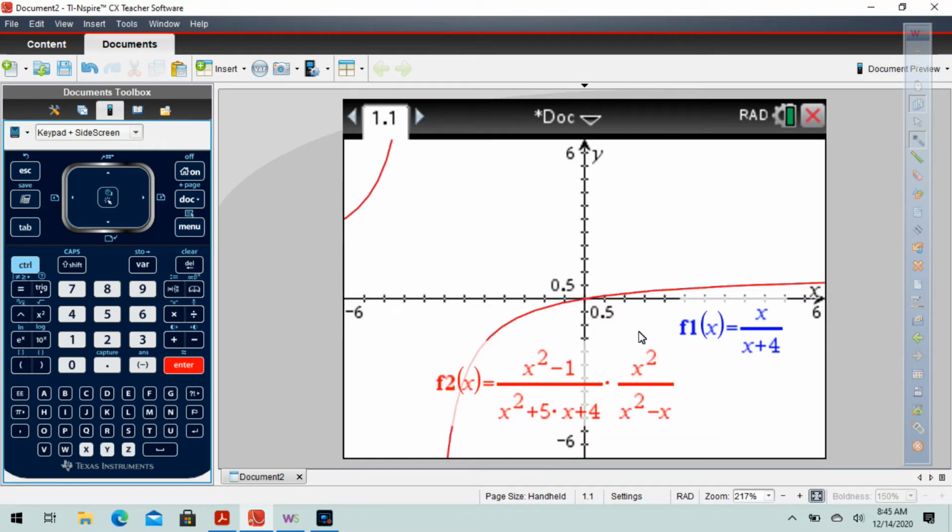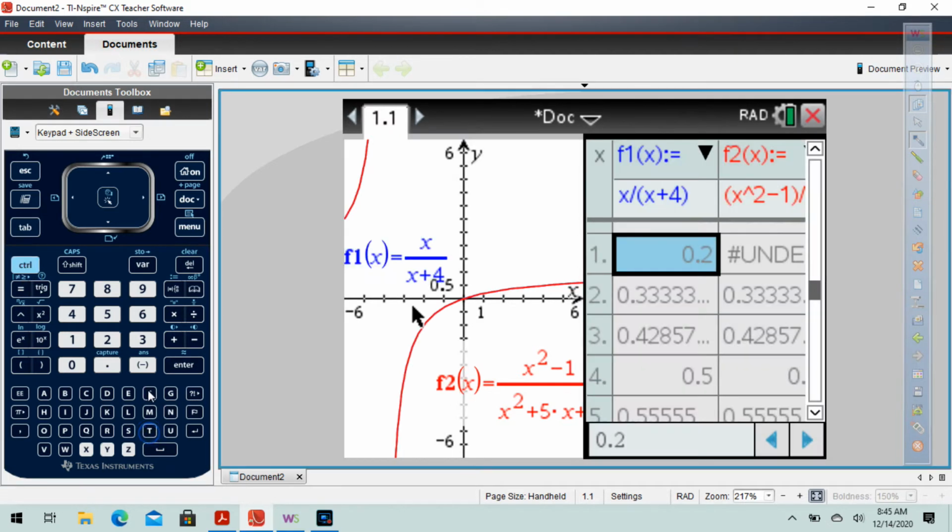Okay. Now, what's the difference here? We've got this x plus 4. Why do we need to find those excluded values right off the bat? Control T. Notice on the original, x equals 1 is undefined, but it's not on this one here, and that's because you've taken it out.